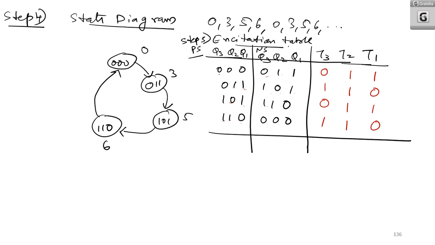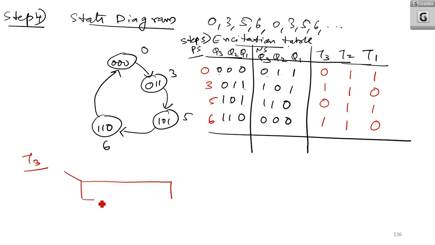Now coming into the expressions of this T3, T2 and T1. So we are having 0, 3, 5, 6 already as valid states. I am going to find the expression for T3 in terms of Q3, Q2 and Q1. If you are writing the decimal equivalence, 0, 0, 0 is 0, this is 3, this is 5 and this is 6. All other states are invalid. So I am drawing a 3-variable K-map here.